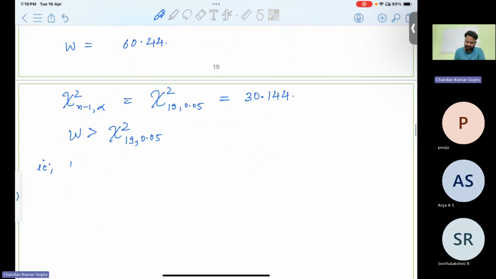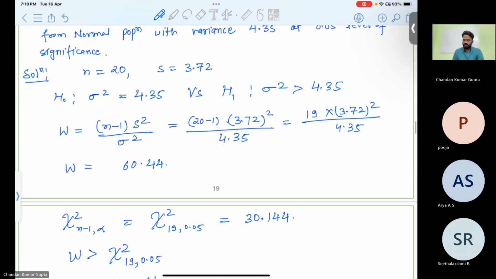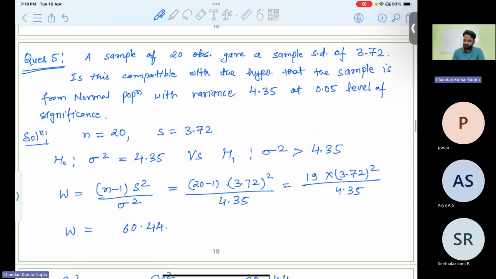That is, we conclude that we reject H naught. And what is H naught?